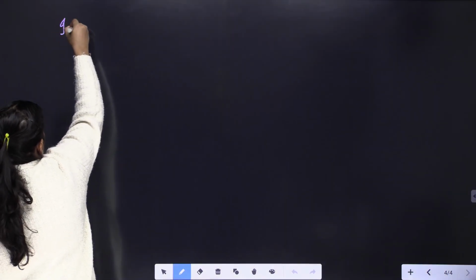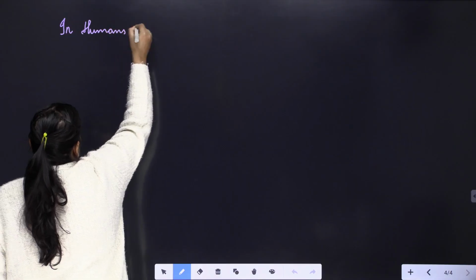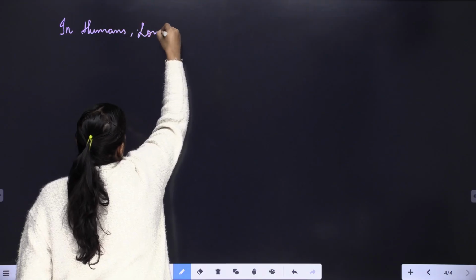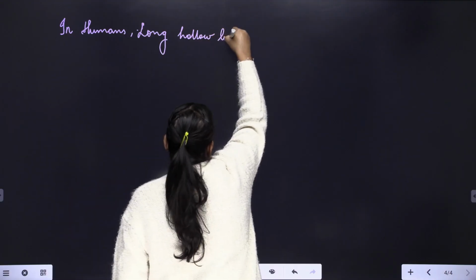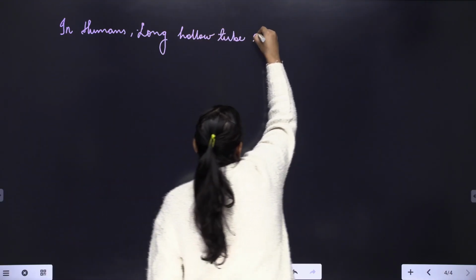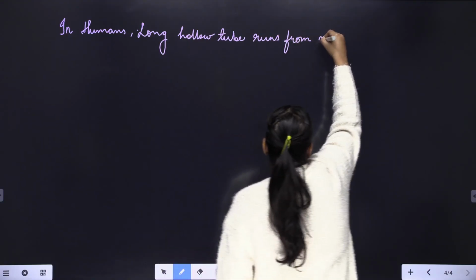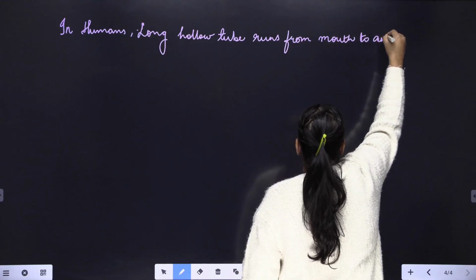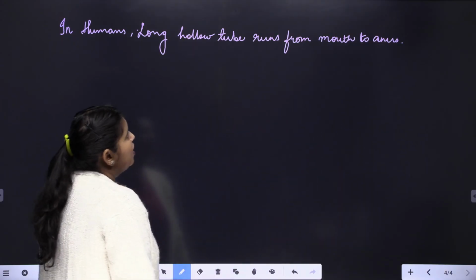So in case of human beings, there is a long hollow tube which runs from mouth to anus. All right. This runs from mouth to anus.